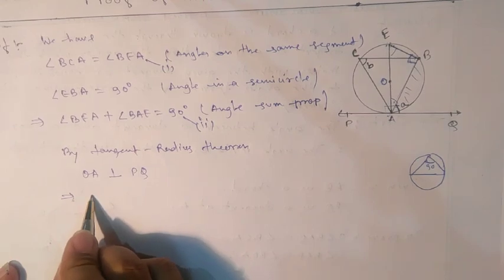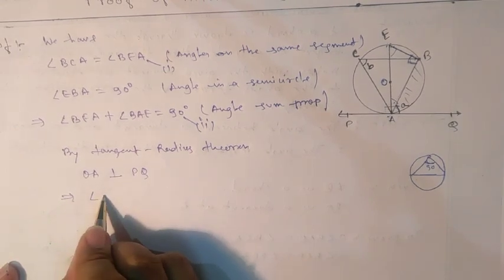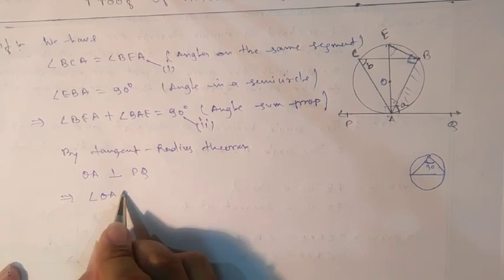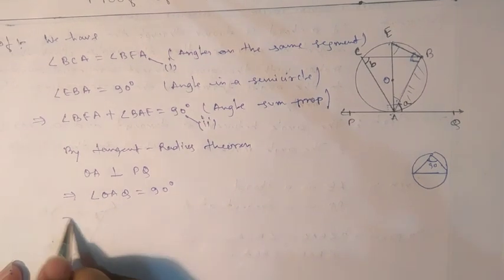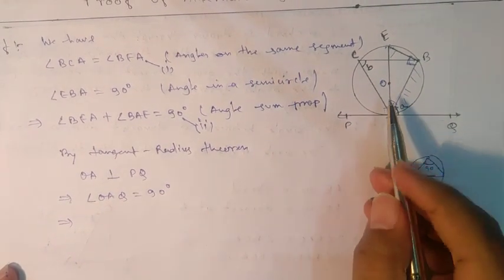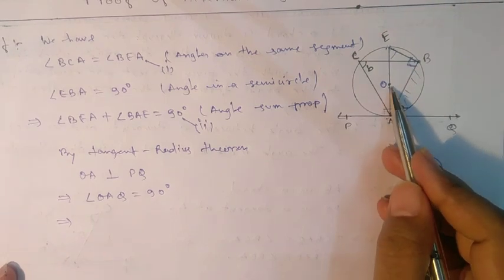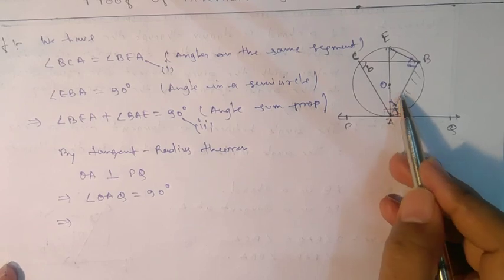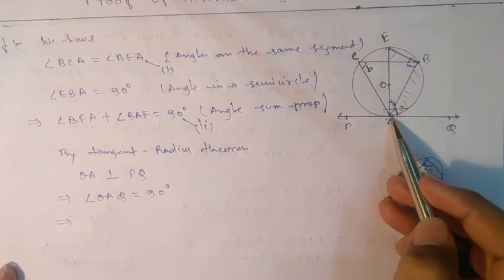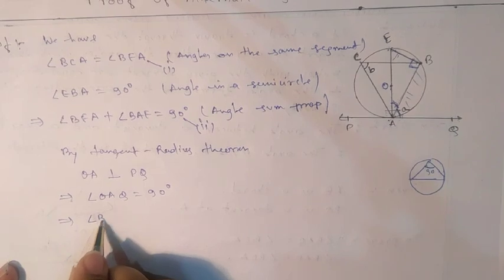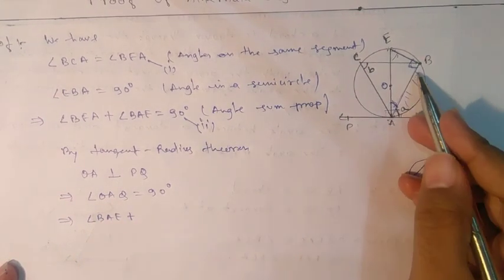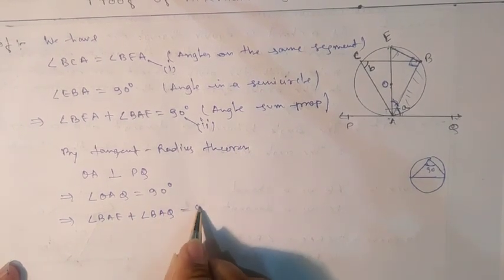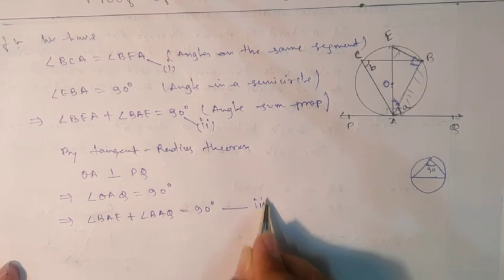This implies angle OAQ equals 90 degrees. OAQ can be written as the sum of these two angles, that means this angle can be written as BAE. So we write angle BAE plus BAQ equals 90 degrees. This is number 3.